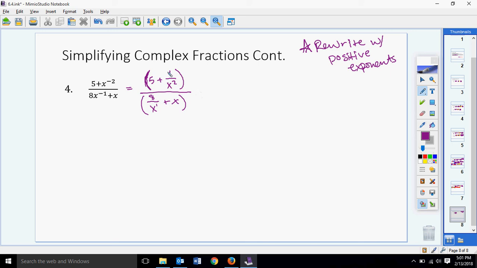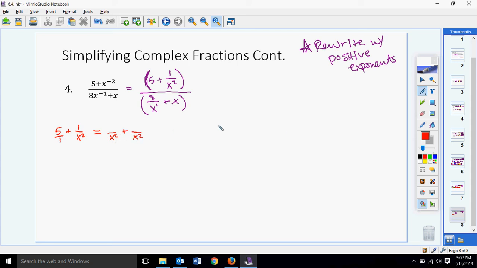Now I want to simplify by adding my numerator and adding my denominator. Well, remember, we can't add fractions unless they have a common denominator. So let's go ahead and work that down here. I have 5 plus 1 over x squared. Common denominator would be x squared. Remember, 5 as a fraction is 5 over 1.